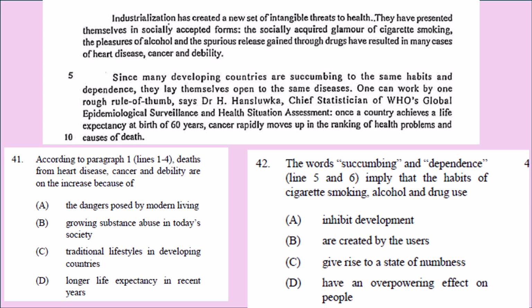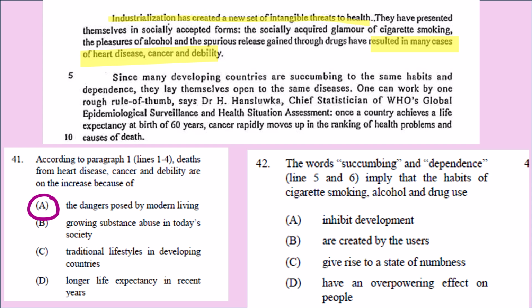And right at the beginning in the first sentence we see industrialization has created a new set of intangible threats to health. And the last sentence of the paragraph concludes that this has resulted in many cases of heart disease, cancer, and debility. So we'll go for A, the dangers posed by modern living.